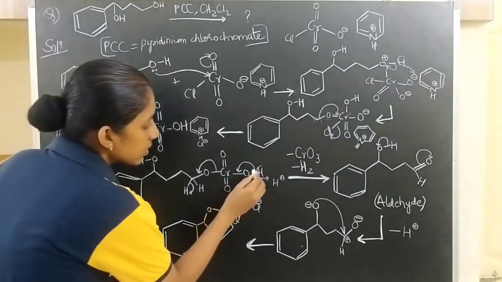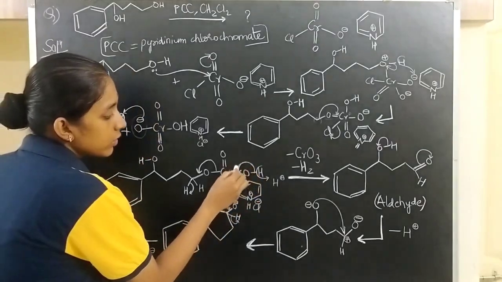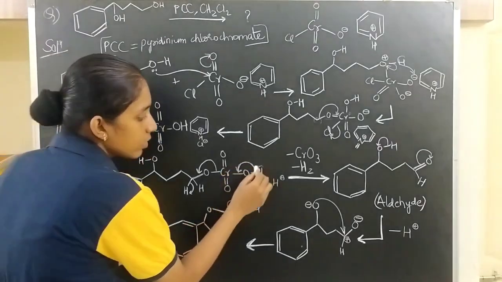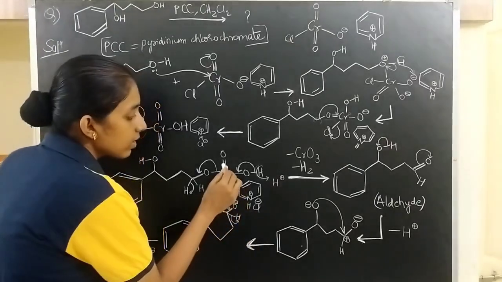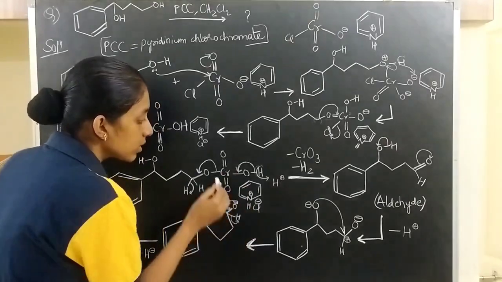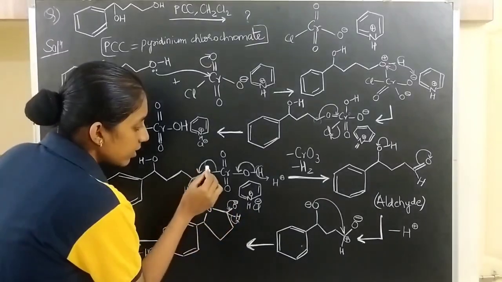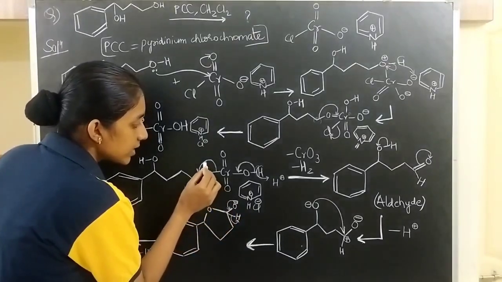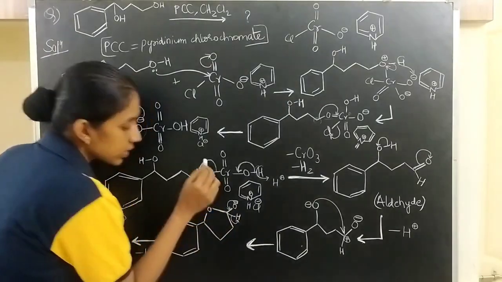Here what happens? As oxygen is more electronegative, this bond is shifted between chromium and oxygen. Hydrogen is removed as H plus. Now, as chromium is carrying how many bonds? 7 bonds. One of the bonds is shifted onto this oxygen. So that negatively charged oxygen will share its extra electrons here, forming a double bond between carbon and oxygen.